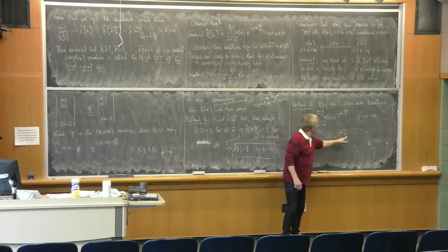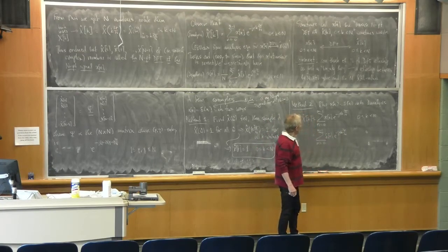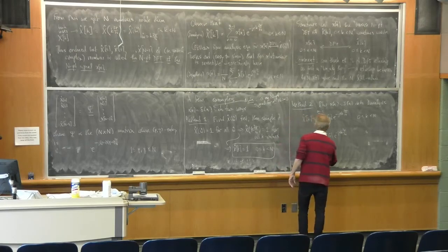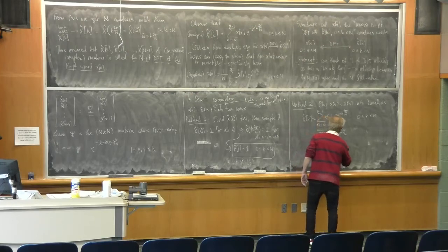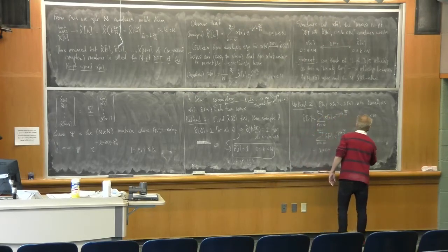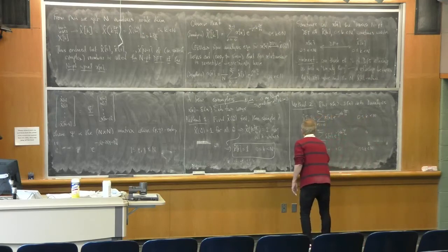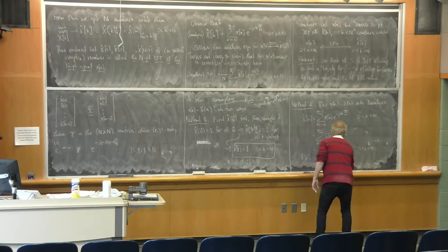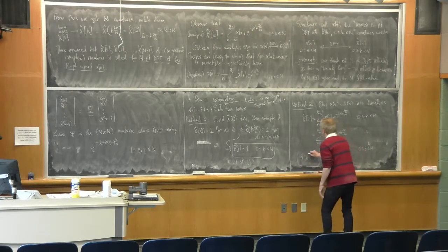The exponential when little n equals 0 is a 1. The delta when n equals 0 is a 1. All the rest of the terms are 0. So this is equal to 1 plus 0 plus dot dot dot plus 0. And we conclude again that x hat bracket k is equal to 1 for k between 0 and N minus 1. All right, so there's your delta.